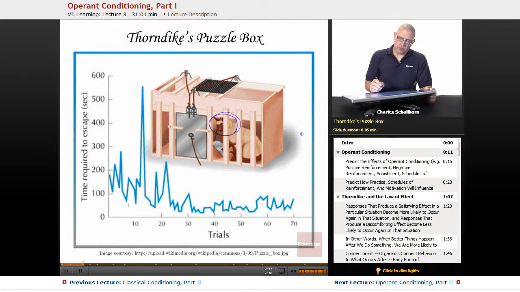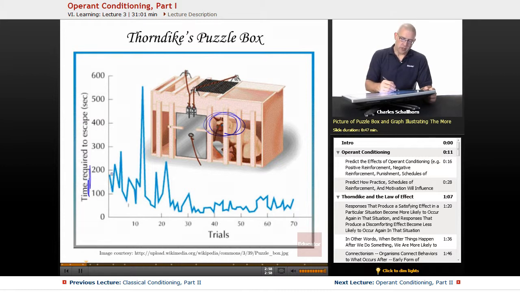When Thorndike was doing his research, he was taking a look at this little cat in the box right here. The idea was that the cat was going to be trying to escape that box, and there was a way for the cat to be able to do that. Notice over here on the vertical axis, the time required to escape in seconds.